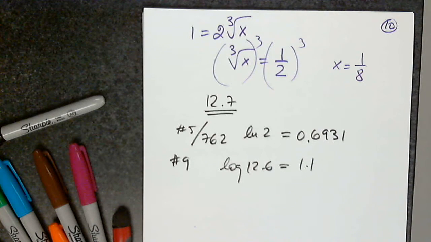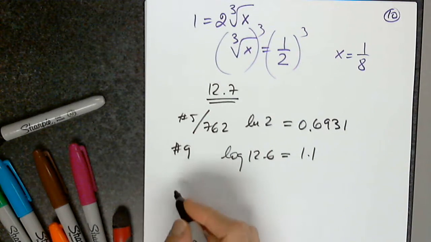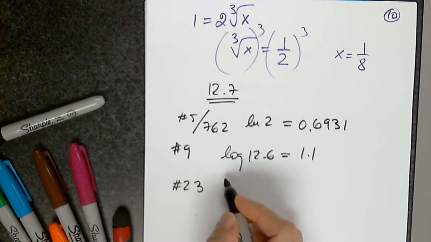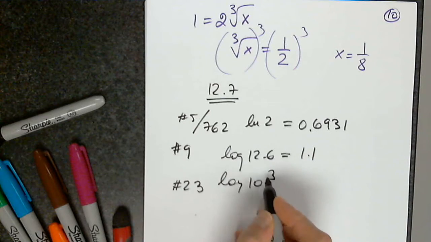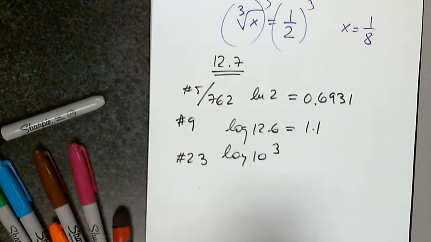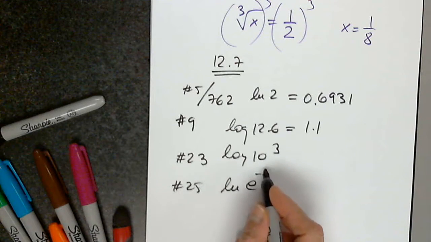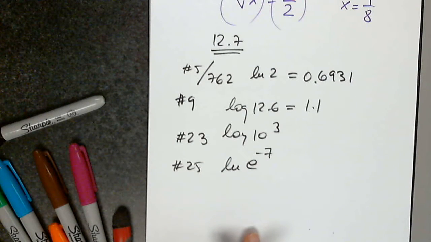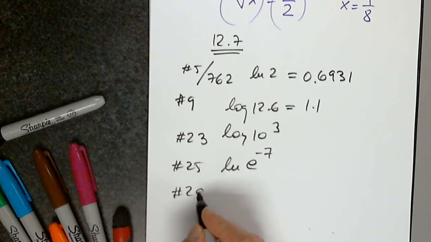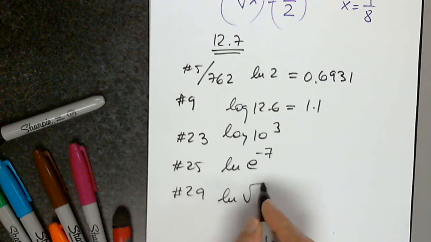Then we're asked to find the exact value. Let me copy a couple of problems, like 23. Log 10 to the third, and please tell me what you get. And 25, natural log e to -7. And let's say 29. Natural log of the square root of e.